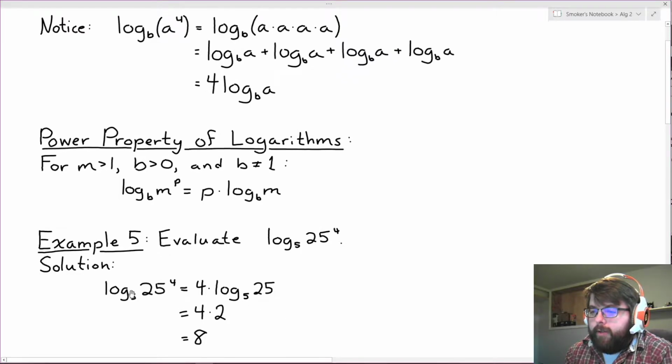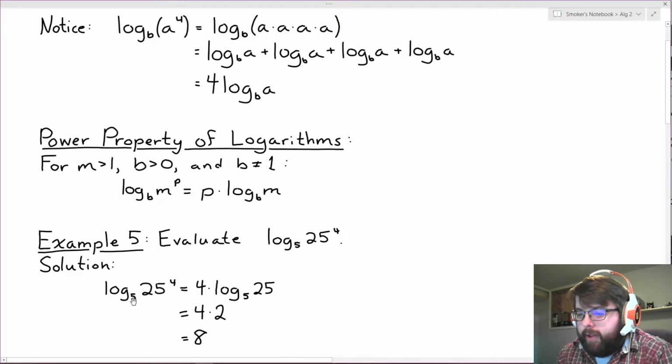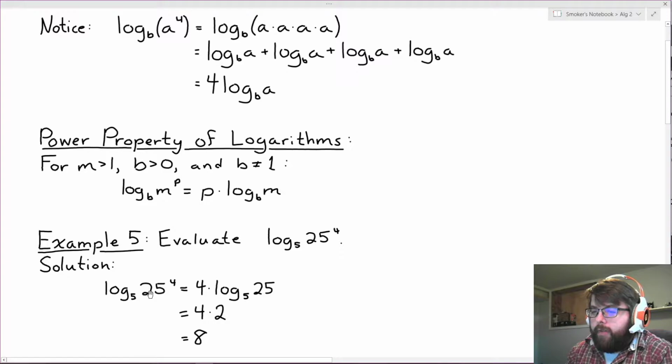This goes to 8, which makes sense because 25 to the fourth would be the same as 5 squared to the fourth, which is base 5 to the second power to the fourth power, which would be 2 times 4, to the power of 8.